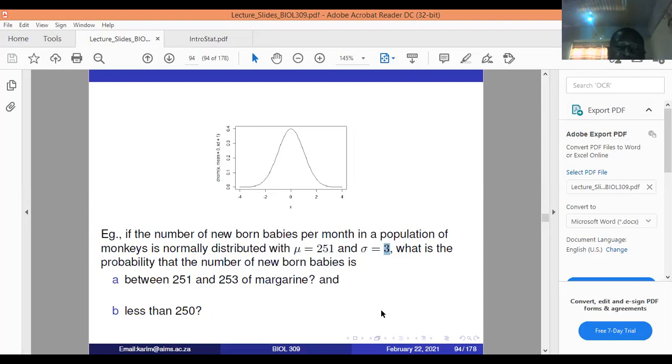When you take 250 minus 251, what do you get?